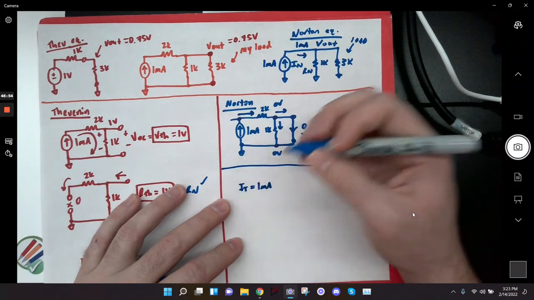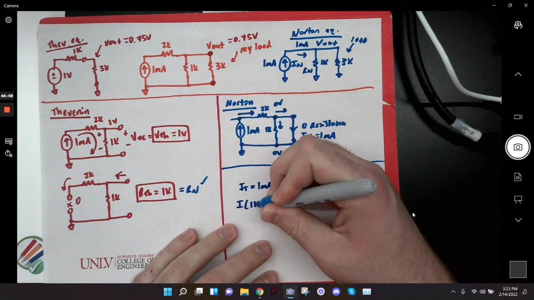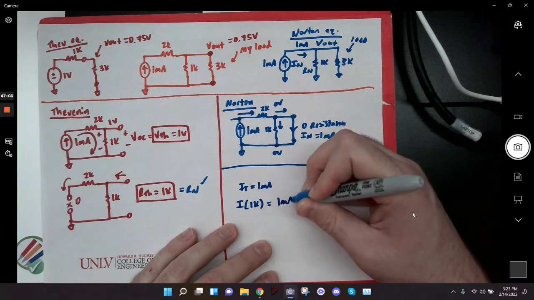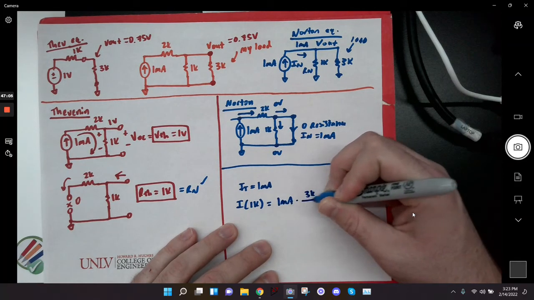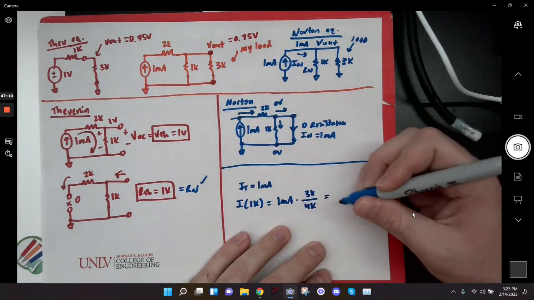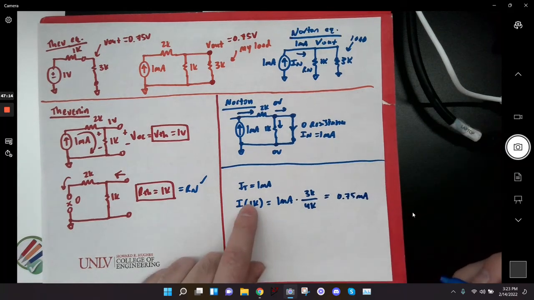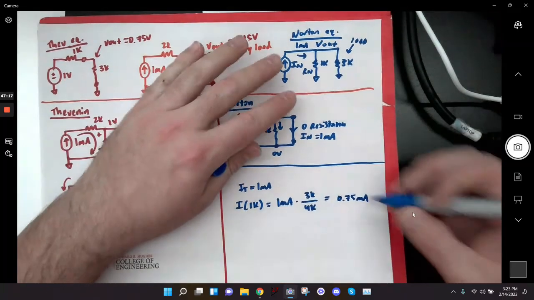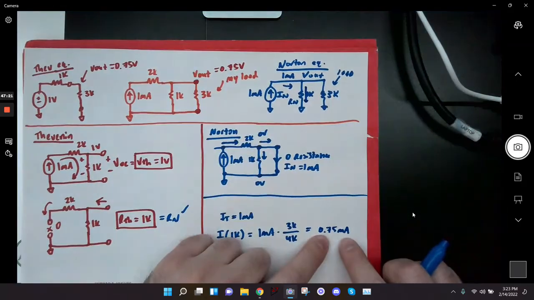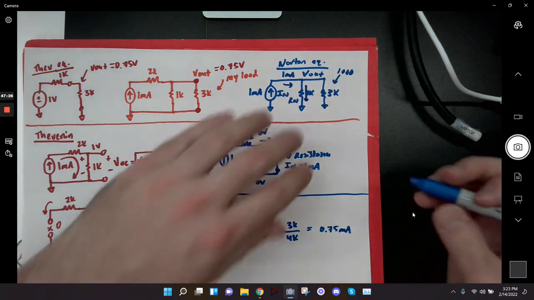And if I want to find the current through the 1K, it is equal to the total, which is 1 milliamp, times 3K over 4K. This is just the current divider, so it's going to be 0.75 milliamps. That's the current through my 1K. Got that? Now if I take that current and go 0.75 milliamps times 1K, then I get V out, which is 0.75 volts.